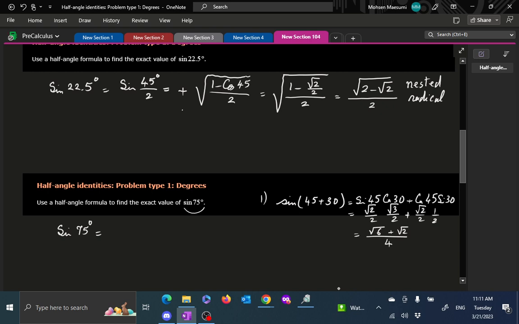Now that's solution number one. Solution number two, what we are doing here is saying sine of 75 is same as sine of 150 over 2.